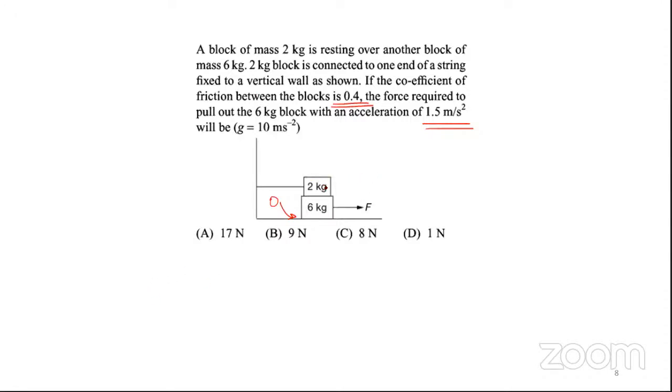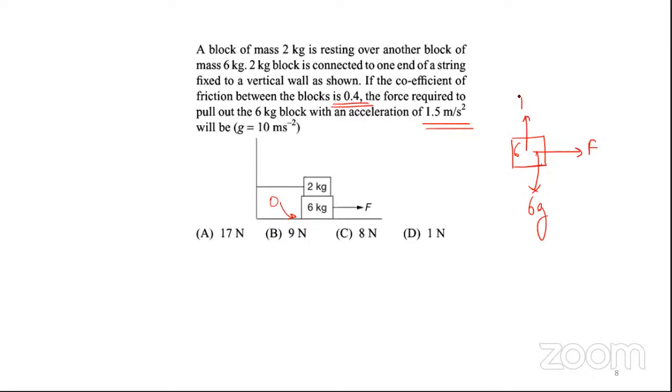Okay. So let's start by making FBDs for both of these blocks. So which one should I start with first? Let's start with the 6 kg. This is 6, having mg downwards, 6g, having a force F and no friction, and it is having normal by the surface.